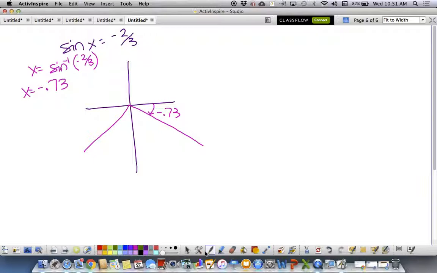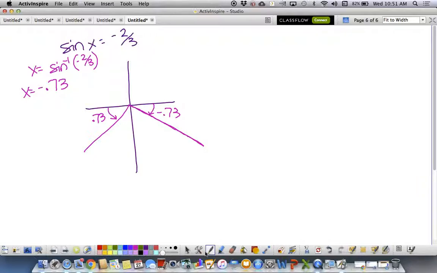Were you okay with the first one? Yes, ma'am. Okay? Just like all the other ones we've done, that again is our reference angle. Okay? We could have said 2 pi plus 0.73. Okay? So to come over here, this distance is also a 0.73 reference angle. Okay?